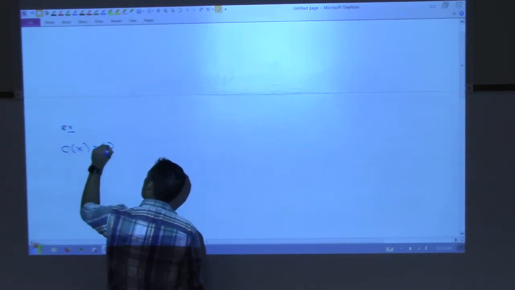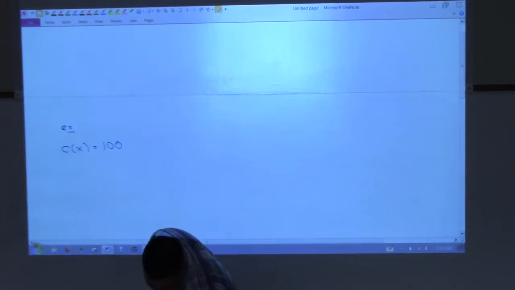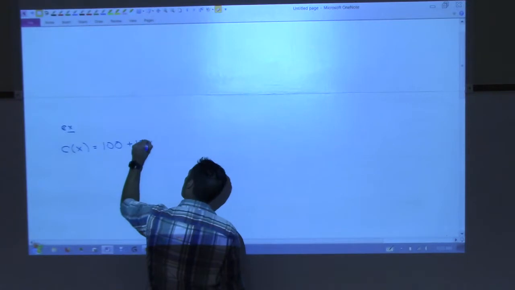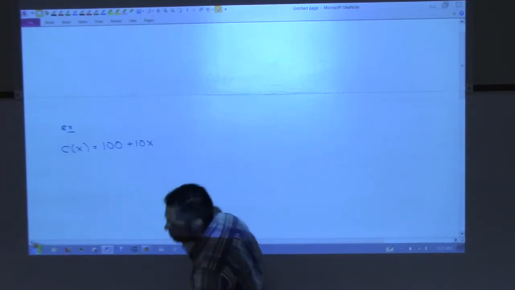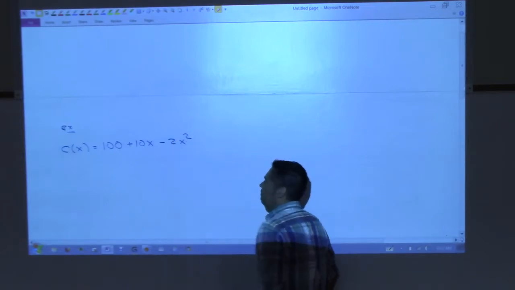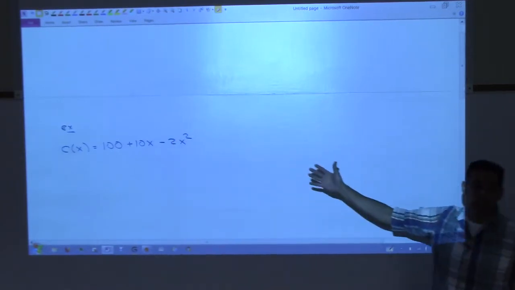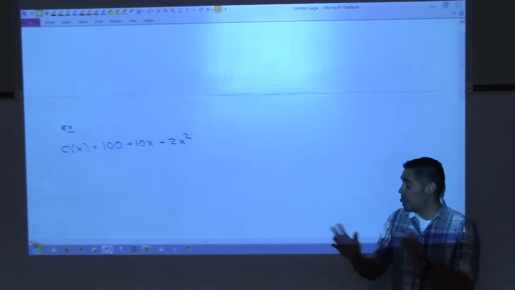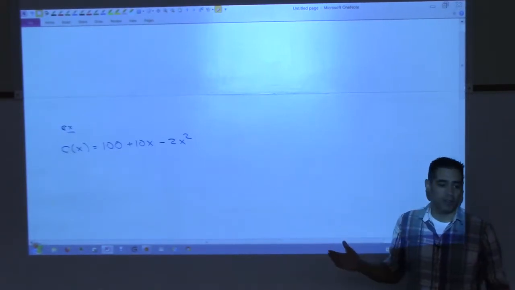It is C(x) = 100 + 10x - 2x². So I made this problem up. This cost doesn't go with any specific word problem, so let's just make it up ourselves.